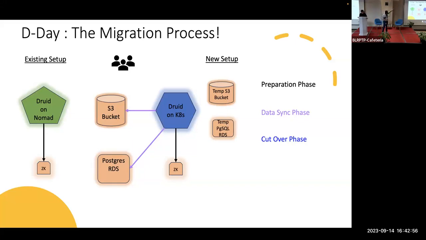Before we point your application users to the Druid on K8s, remember we had downscaled the overlord and middle managers to 0. Now we will upscale those, and then we will point your application users to this.